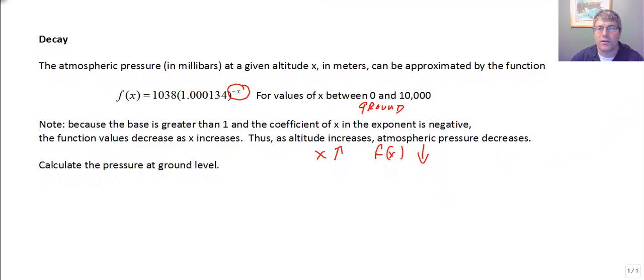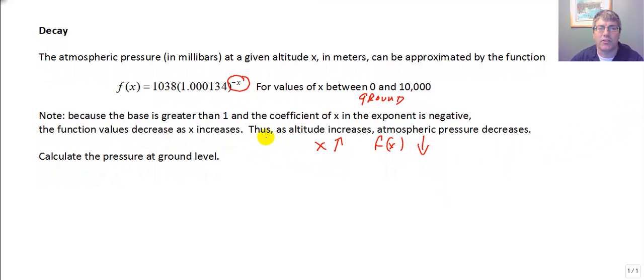So our first question here is to calculate the pressure at ground level. So ground level, we're going to look at that as a height equals 0. So that's our x.